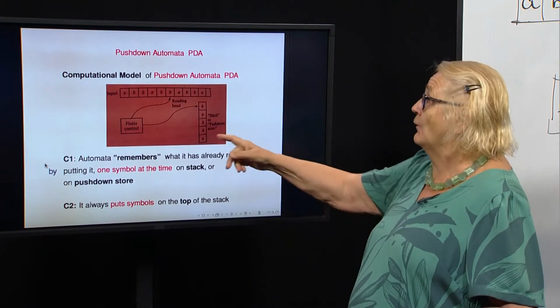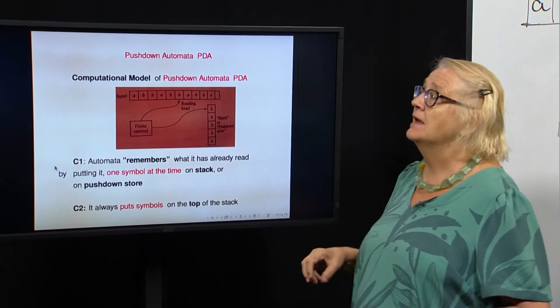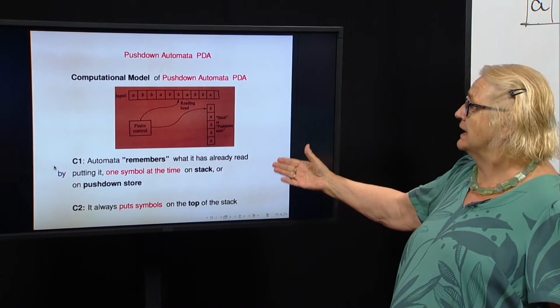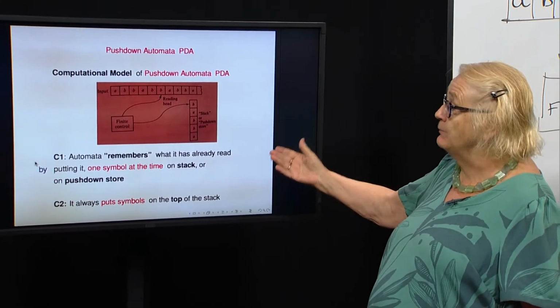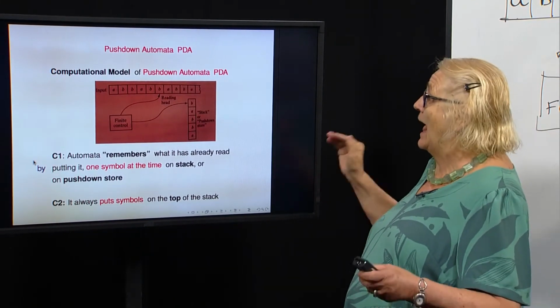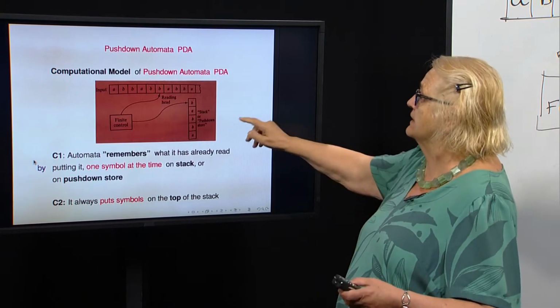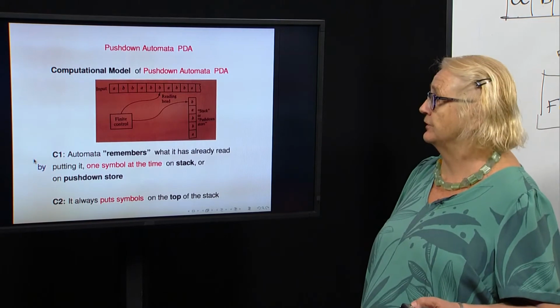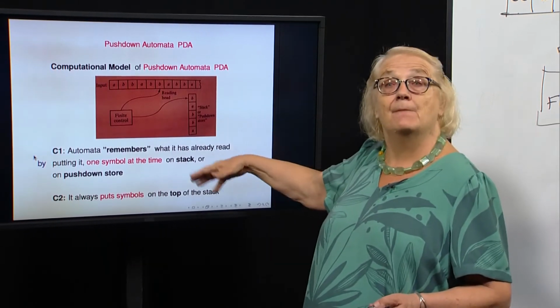It means when you read, you can remember what you've read. So the automaton remembers what it already read by putting one symbol at a time on the top of the stack. Always the operation is on the top of the stack. So this is like a memory.